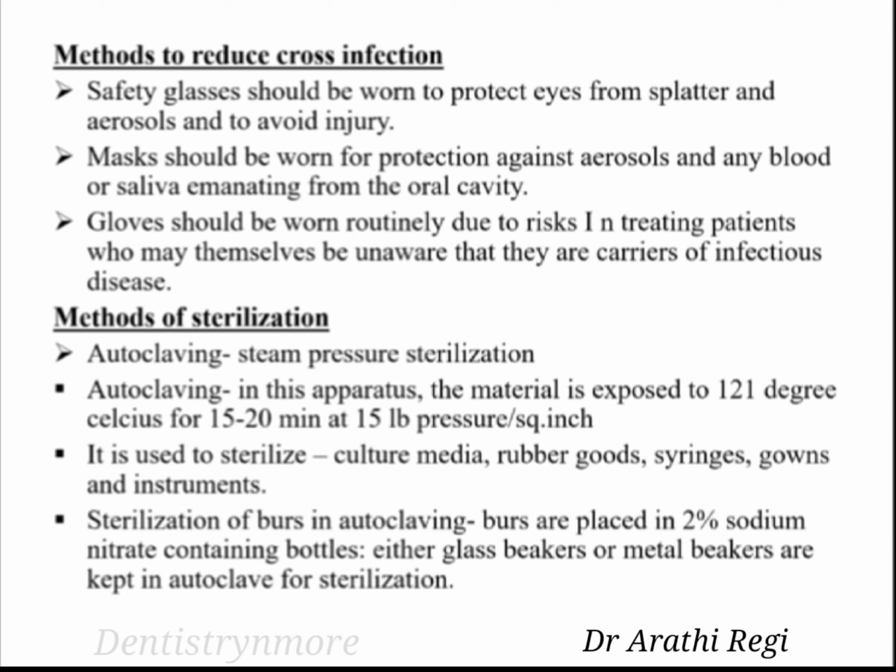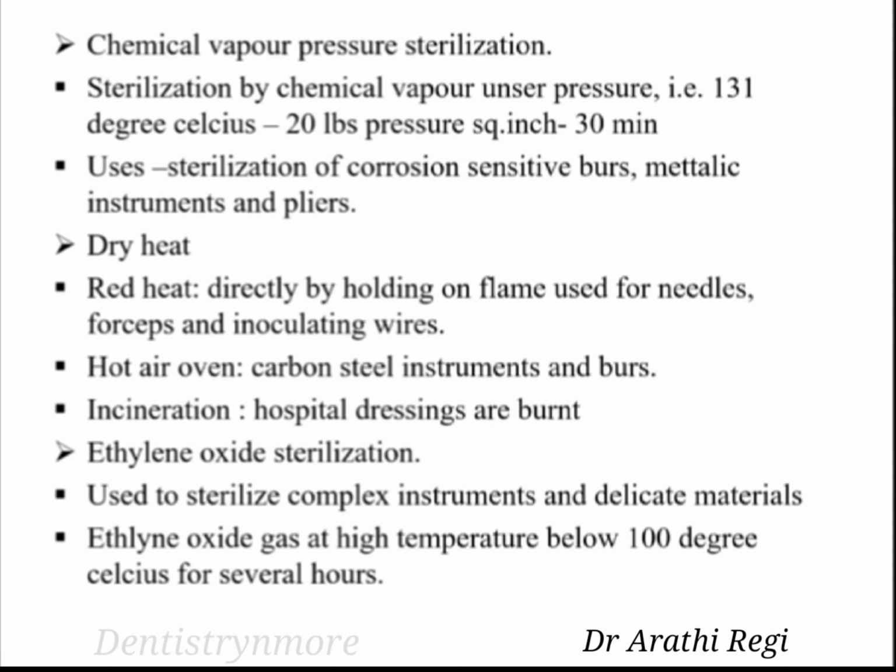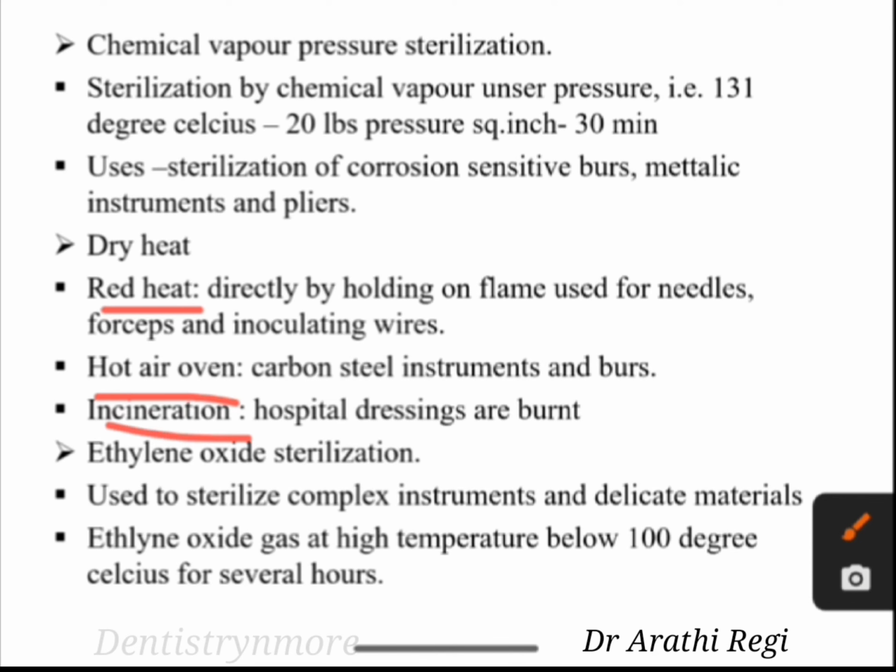And methods of sterilization mainly include, first one is autoclaving. It is a steam pressure technique of sterilization. After that, chemical vapor pressure sterilization. Dry heat mainly includes red heat, hot air oven, incineration, and ethylene oxide sterilization.